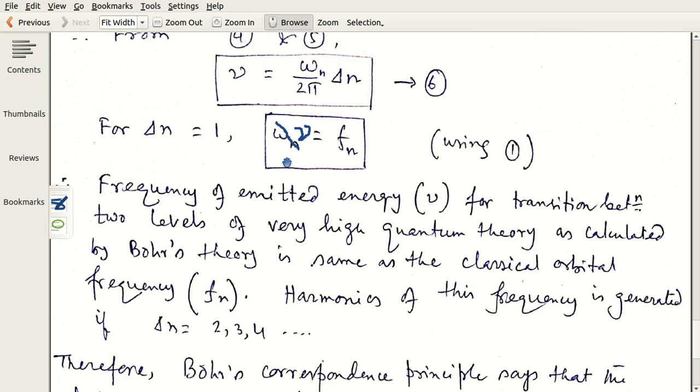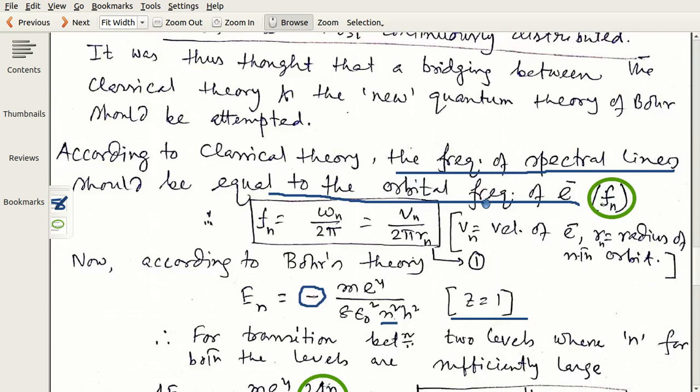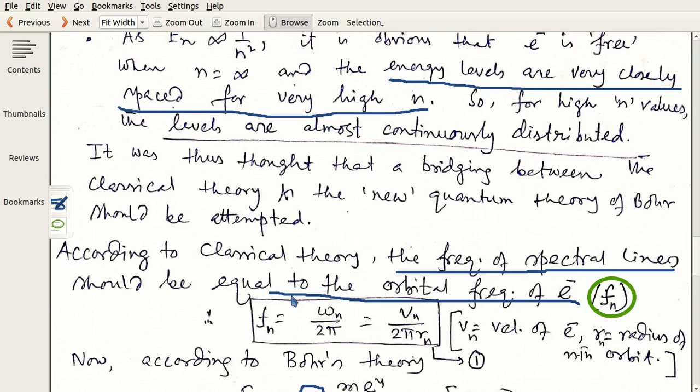And that means this nu is the frequency of emitted light, and this Fn is the frequency of circulation of the electron in the nth orbit. So these two become the same, as we tried to propose before the start of the discussion.